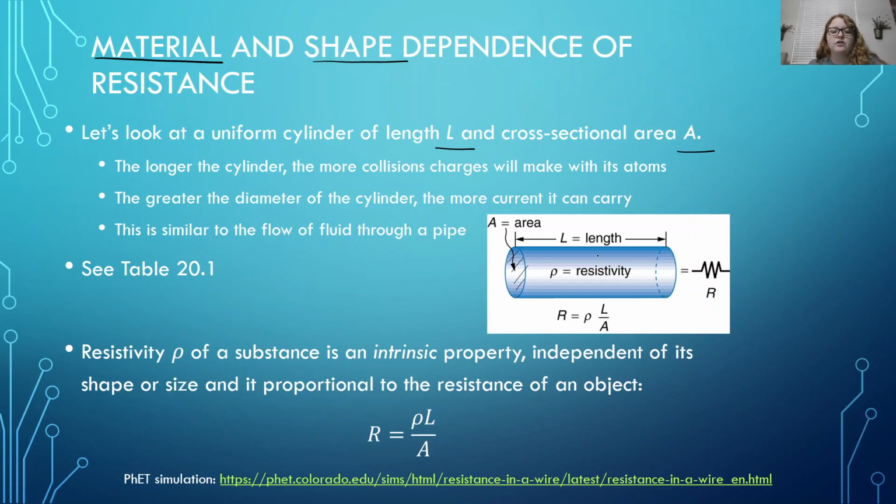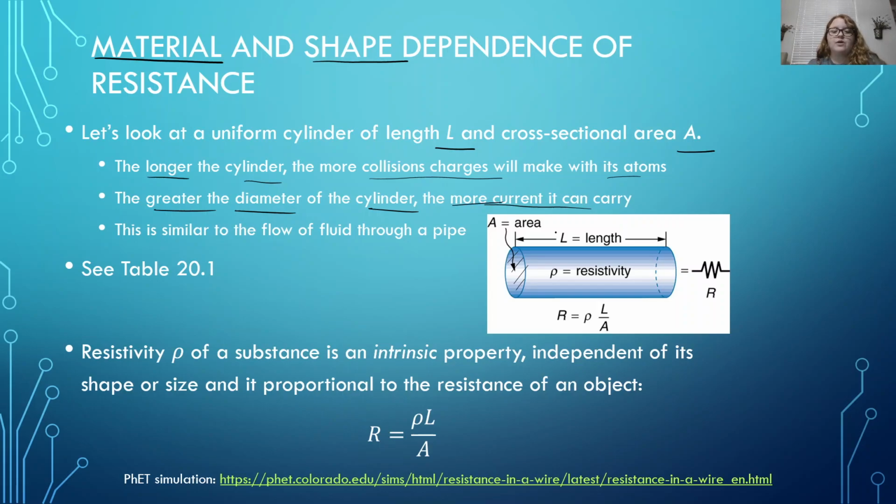So if we have a longer cylinder here, as that length increases, there's going to be more collisions of the charges. The charges will collide more with its atoms, because there's more space to do so. The greater the diameter and therefore the area of the cylinder, the more current it can carry.